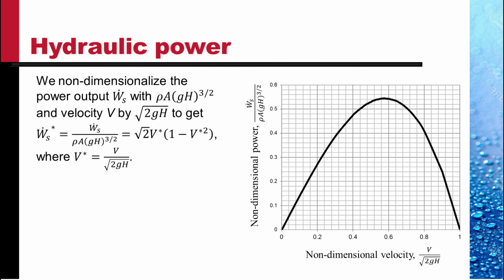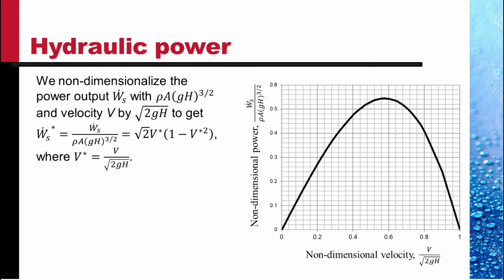We non-dimensionalize the power output Ws dot with rho A gH raised to power 3 by 2. This is the total power that would be available if we extract all of this out from the system, and we non-dimensionalize velocity by under root twice gH, which would be the velocity if the total head is converted into velocity.